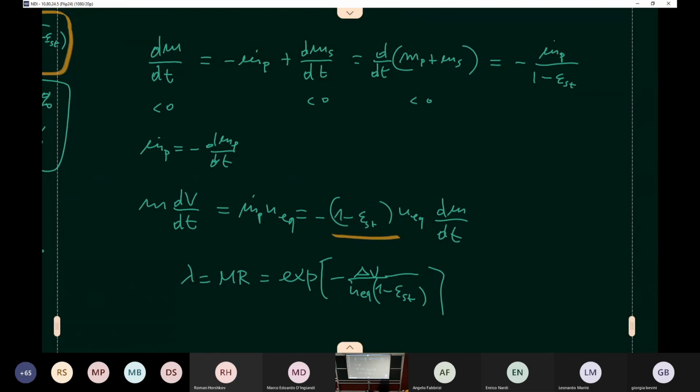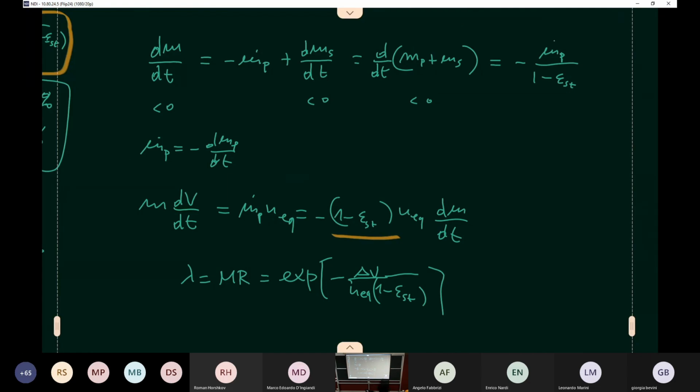Because when we talk about inert mass fraction, we are assuming that the inert mass changes according to the propellant mass, as we have seen last times.